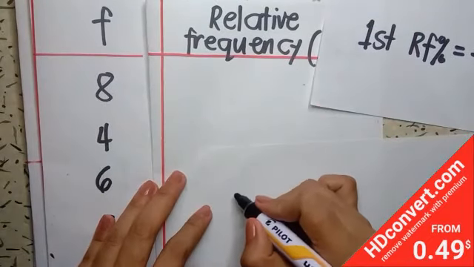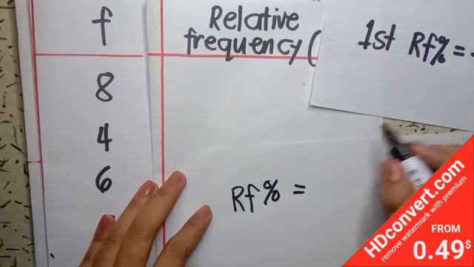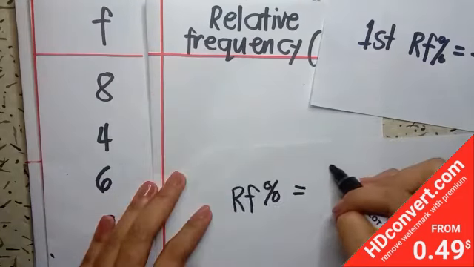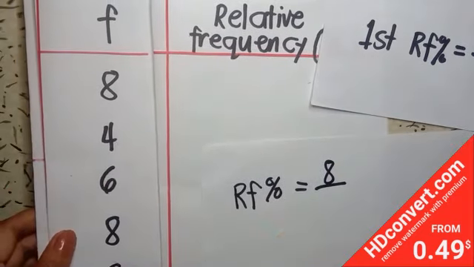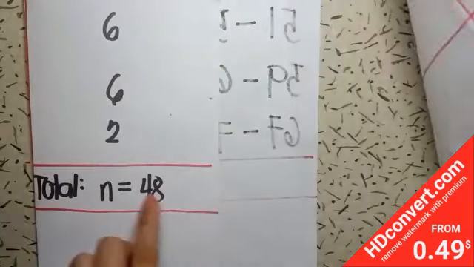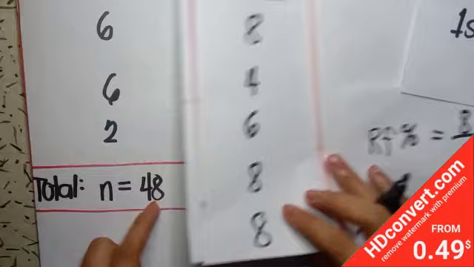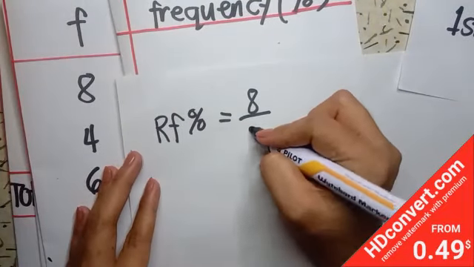So, RF percent is equal to F, which is 8, over N. Where do we get N? N is the total of your frequency, which is 48. So, our N is 48.